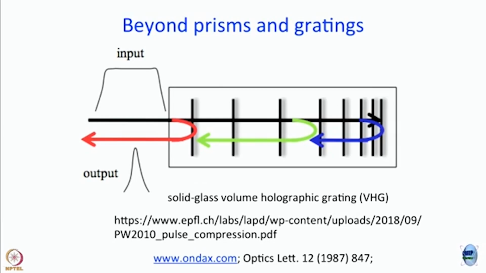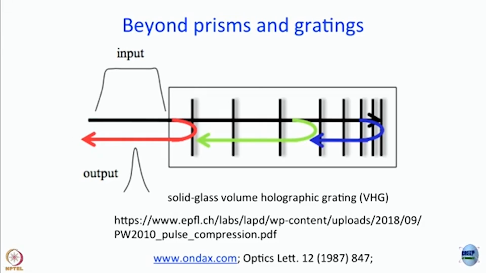But the good thing here is that if you take a pair of these VHG stretcher and compressor, all you have to do is put in the pulse, the initial output of the oscillator, unchirped pulse, you put it in here, let us say. Then what will happen? You get a chirped pulse, and you get a chirped pulse in which red leads and blue follows.